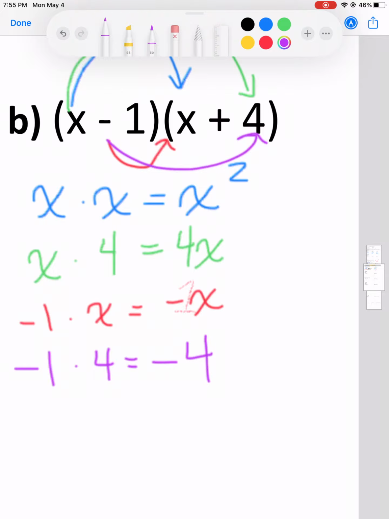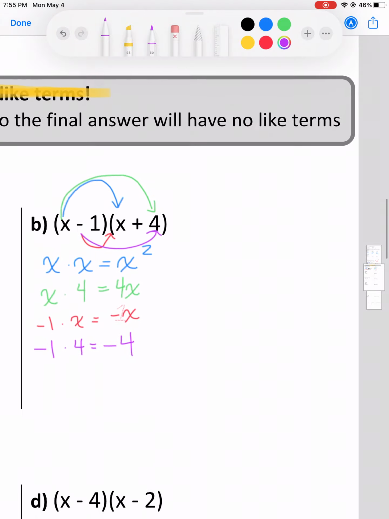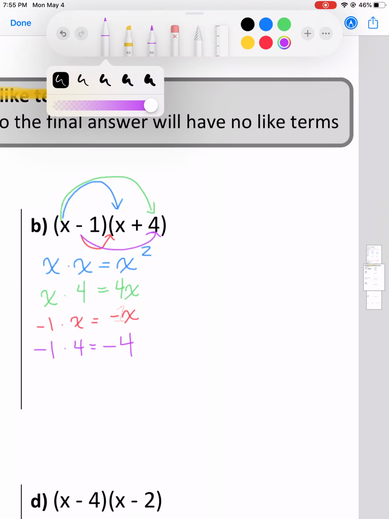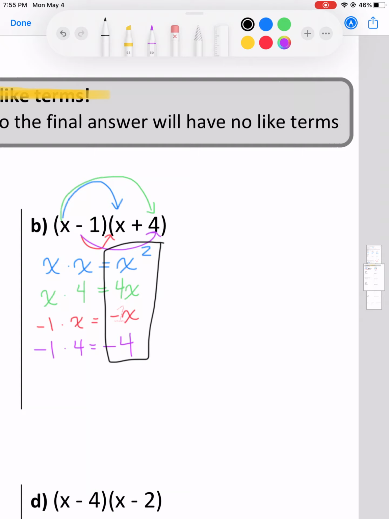Okay, so I did that vertically just to get it set up. Now I'm taking this and I'm going to lay it horizontally, sorry. X squared plus 4x minus x minus 4, okay? So again, we need to find like terms. Is there another x squared term? No. Is there another x term with this 4x? Yes, it's negative x.